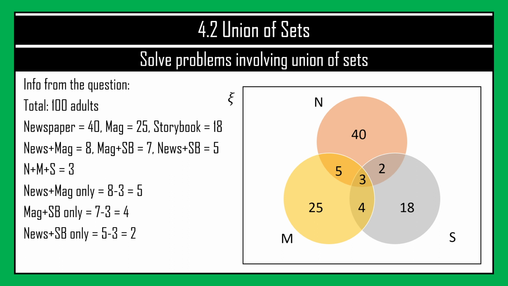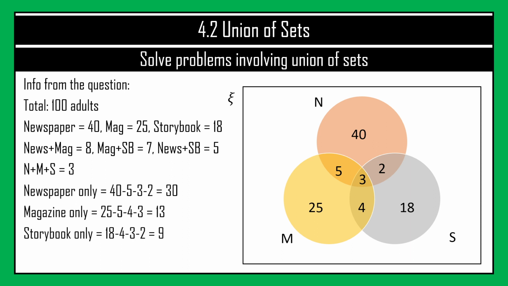Now we need to look at newspaper only, magazine only, and storybook only. Alright, so we know that 40 represents everything in that orange circle, peach color circle. So for newspaper only, this section, the 40 in here is represented by everything here.